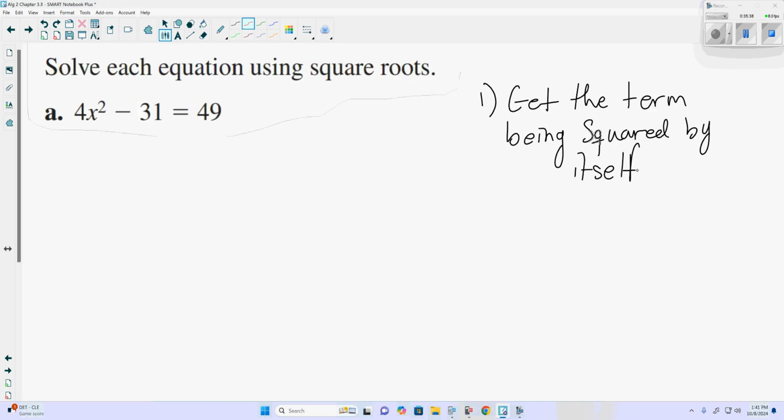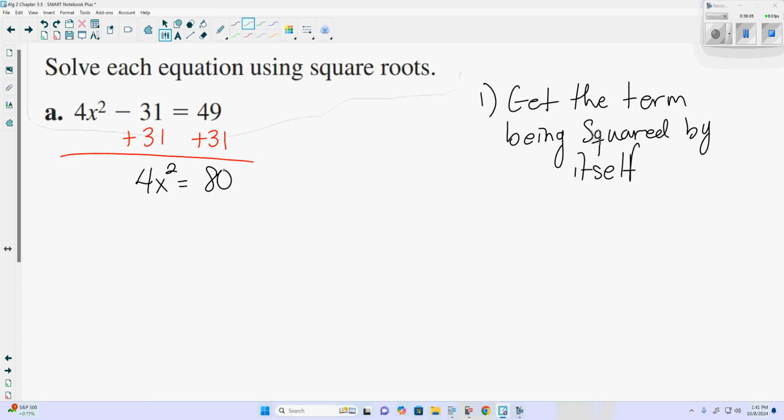So what is one of the things that's attached to our x squared? Because we do have the 4, but we also have the what? The negative 31, yes? It's going to be easier to move it first. So the first thing we can do is what? We can add 31 to both sides, which tells us 4x squared is equal to 80.